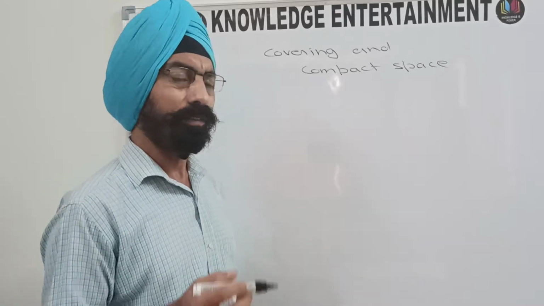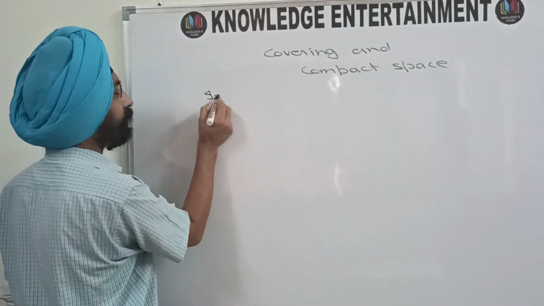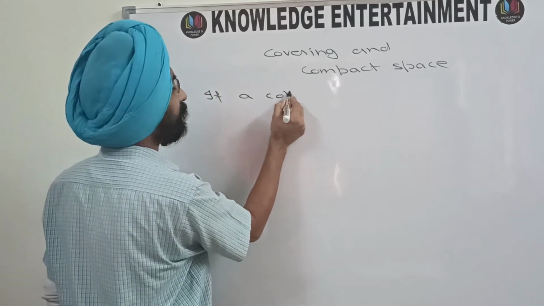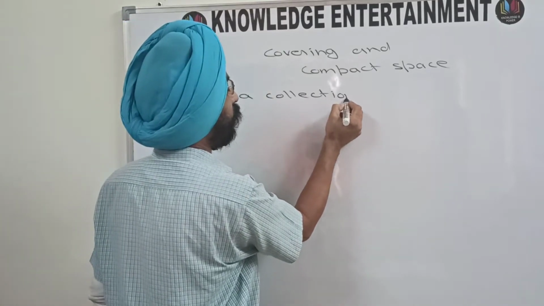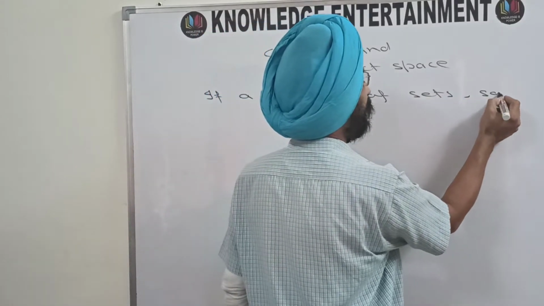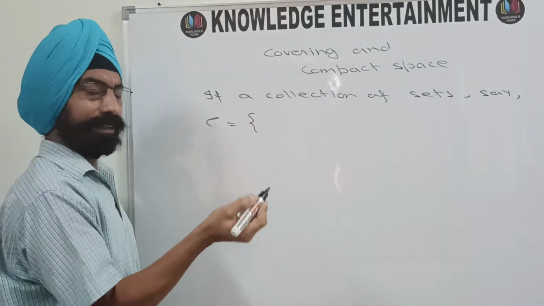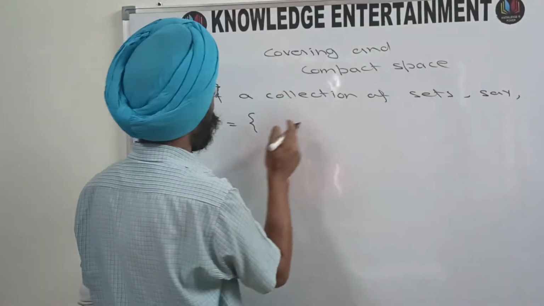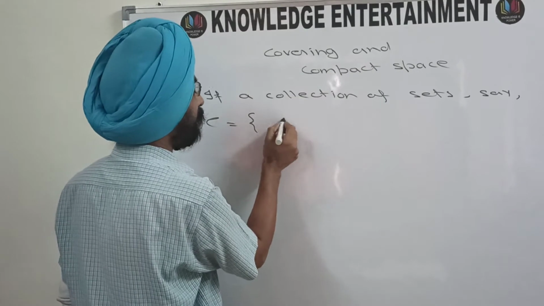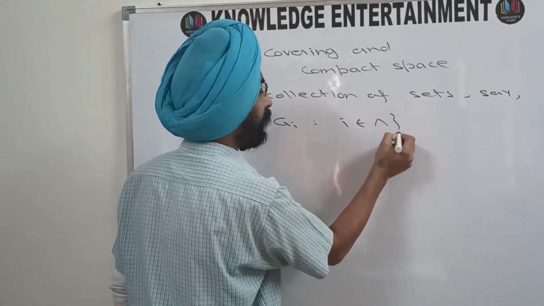So first of all, what is a cover? If a collection of sets, say C, containing, definitely it is a collection of sets, so it will contain some sets. So let it be Gi, where i belongs to a particular family lambda.